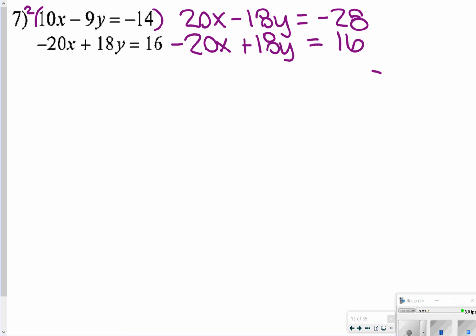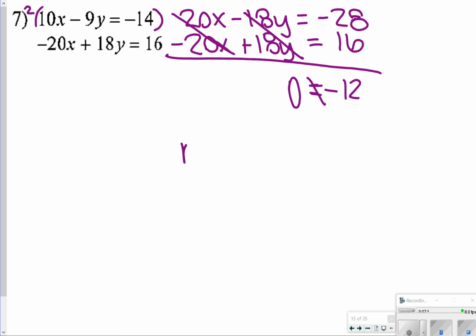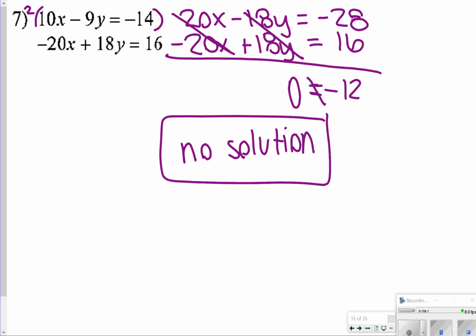And notice what's going to happen here is that both the x's and the y's cancel out. So I get 0 is equal to negative 28 plus 16, that'd be negative 12. And because 0 is not equal to negative 12, we're going to say that this is no solution. So no two numbers of x and y would actually work for both of those.